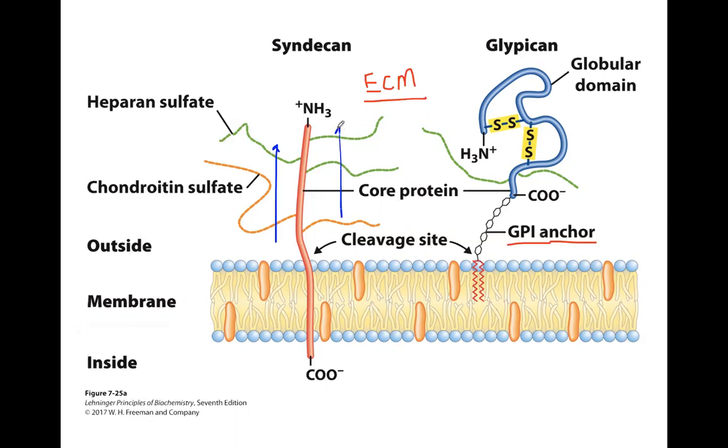It has to release enzymes which will break down the extracellular matrix, so the cancer cell can escape its original location, get into the bloodstream, and be carried to remote sites in the body. All right, so these are glycosaminoglycans.